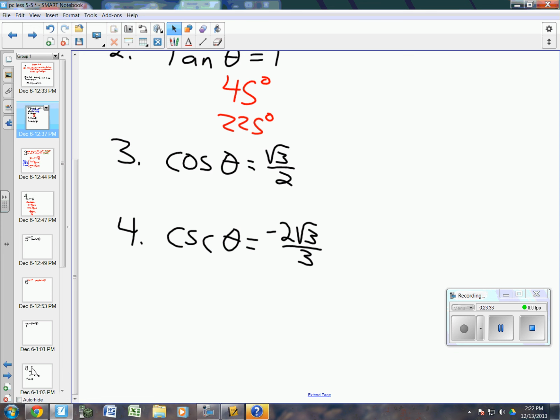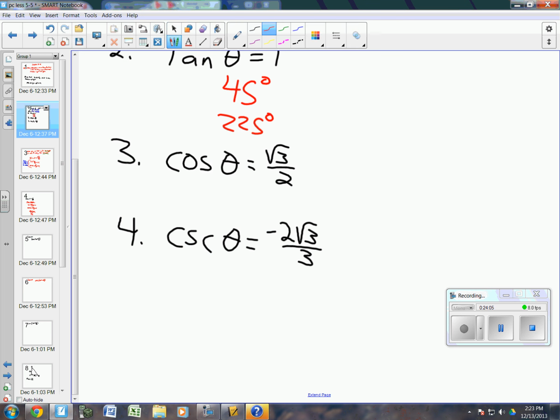What's cosecant defined to be? 1 over y. And so 1 over y. Anybody got it besides Ryan? Tyson? Anybody else? Rebecca, what do you think? Tyson, what do you think? 240 degrees?